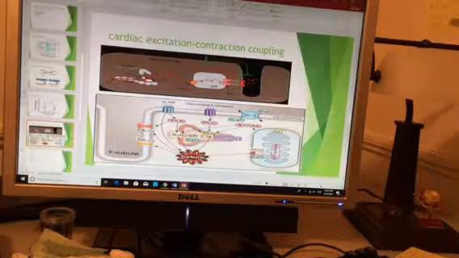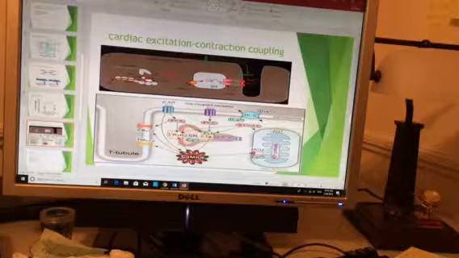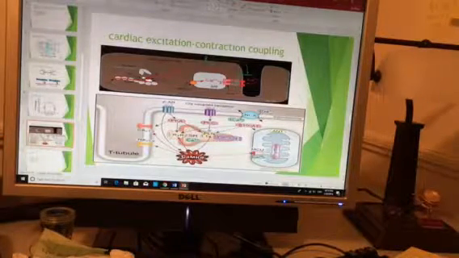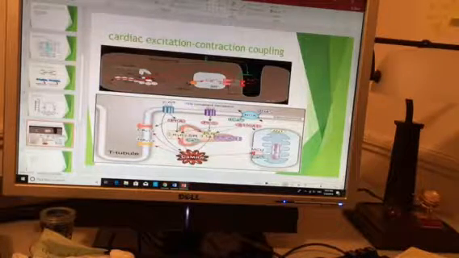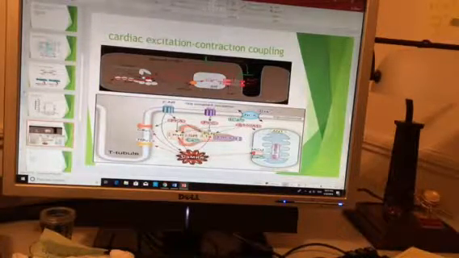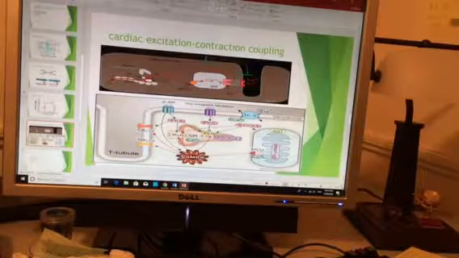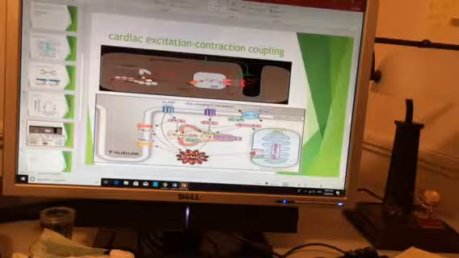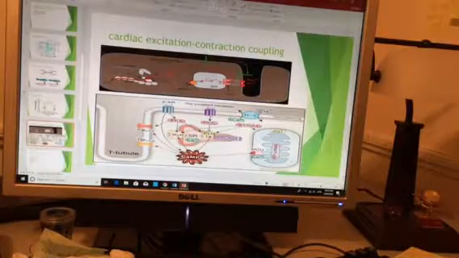Free calcium binds to troponin C, which is part of the regulatory complex attached to the thin filament. When calcium binds to troponin C, this induces a conformational change in the regulatory complex such that troponin I exposes a site on the actin molecule that is able to bind to the myosin ATP located on the myosin head.